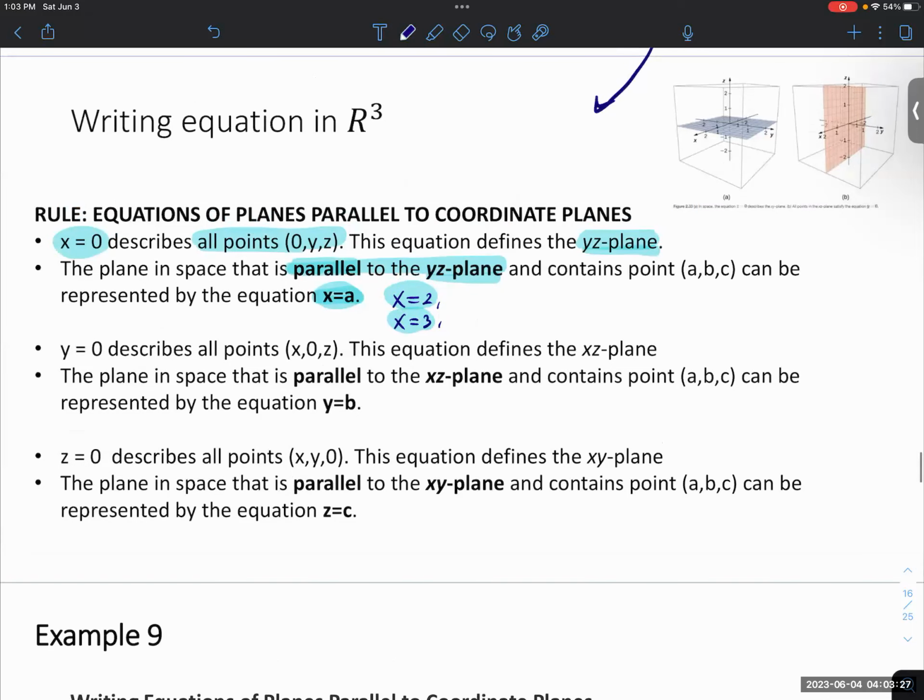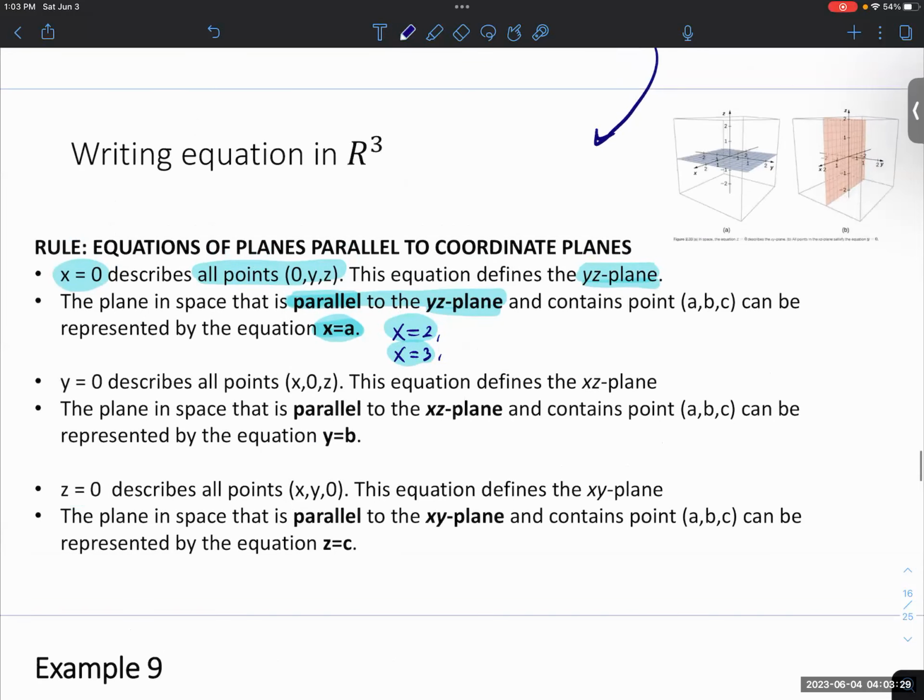Let me try to draw the image. Let's say this is the yz plane. Then when you draw x equal to 1, this is a parallel plane. They're going to be parallel.